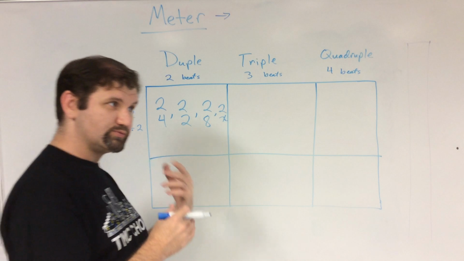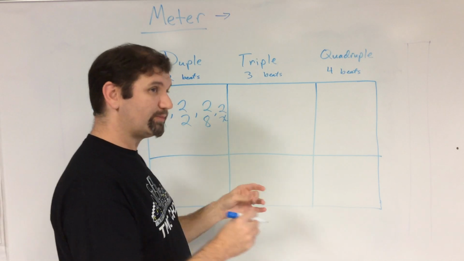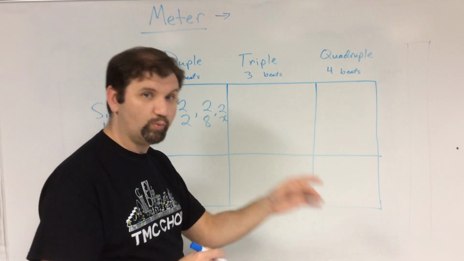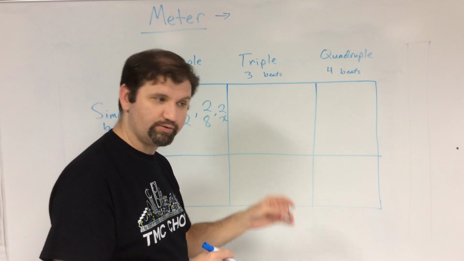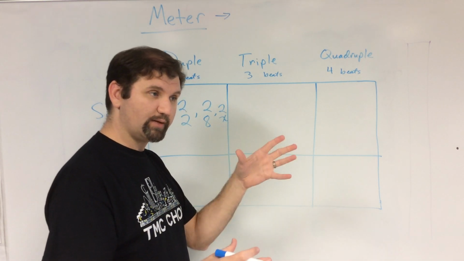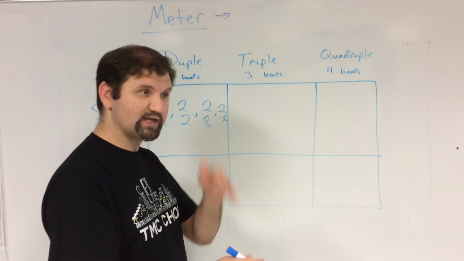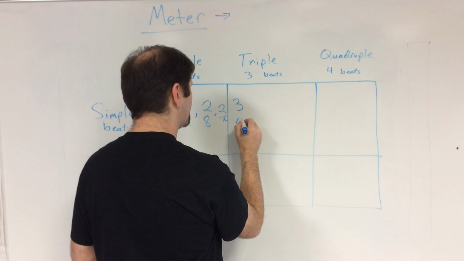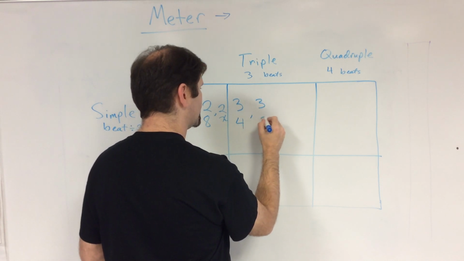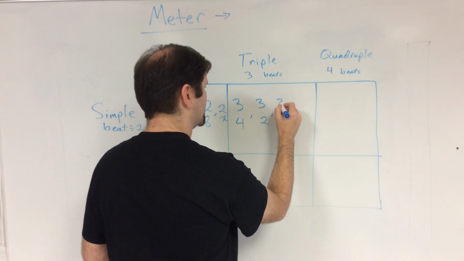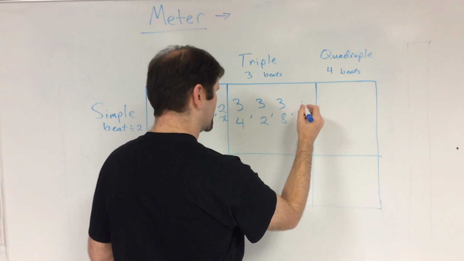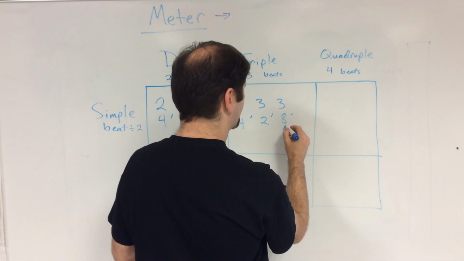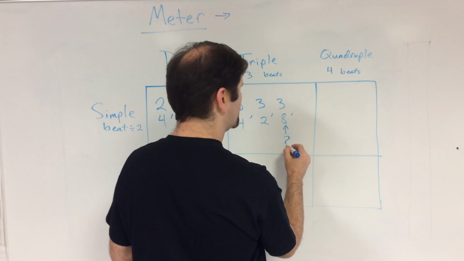And so, the next logical step, triple meters, 1 and 2 and 3 and 1 and 2 and 3 and equal downbeat and upbeat, beat split into 2 pieces, and there's 3 beats in each measure. Well, that would be 3-4, or 3-2, or 3-8, or, well, actually, I'm going to put a little maybe on that one.